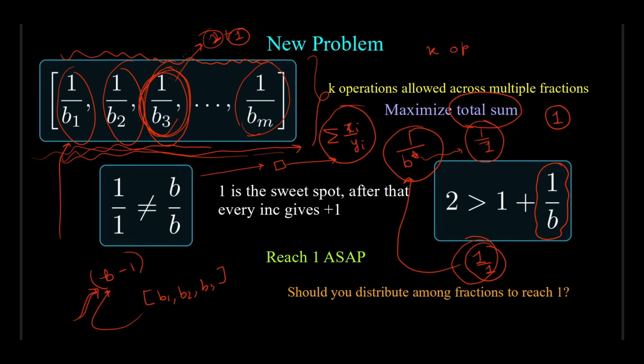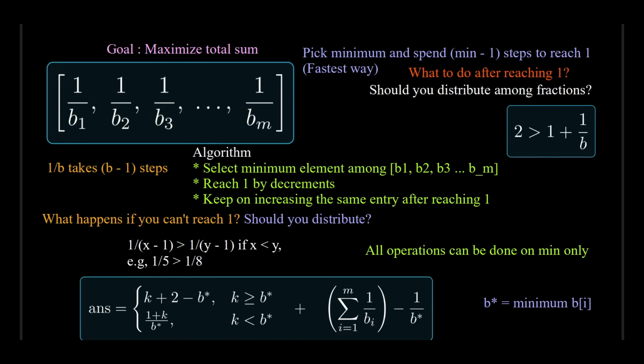Now, what about the case where it is not possible to reach 1? In that case, can you prove that it is beneficial to still pick the minimum valued fraction and do the increment operations on it? So if you cannot reach 1, should you distribute? The answer is no, you should not distribute, because you can simply pick the minimum valued fraction.